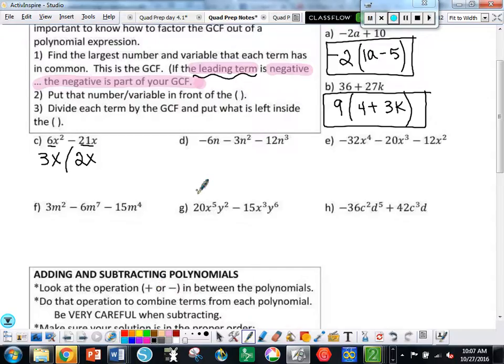Now if I were to multiply those two, do I get 6x squared? I should, because that's what I broke this up from, right? Now going to the 21. 21 divided by 3 is 7. If I have 1x, I divide it out, I'm left with none. So that is my answer. Write it down.